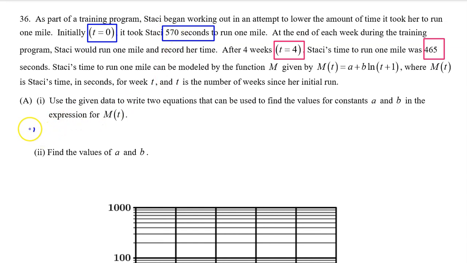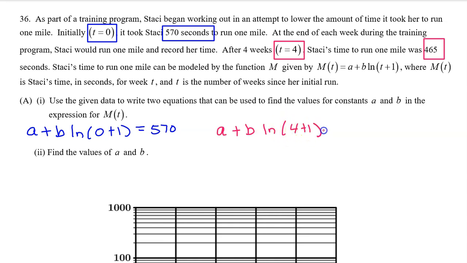This gives us the equation a plus b natural log of 0 plus 1 is equal to 570. Similarly, if we plug in an input value of 4, it should equal the output value of 465. So that gives us the second equation, which is a plus b natural log 4 plus 1 is equal to 465.